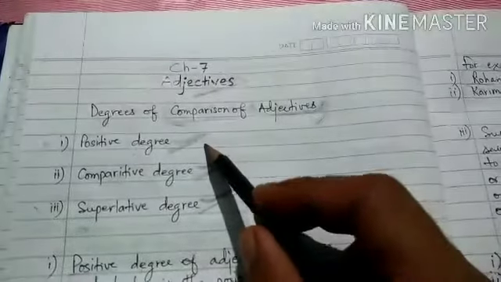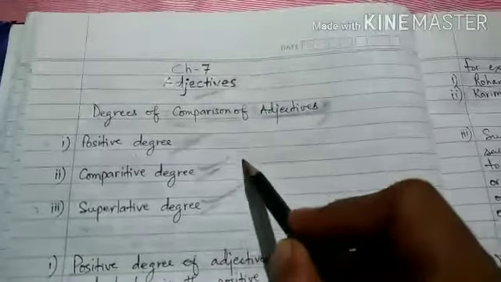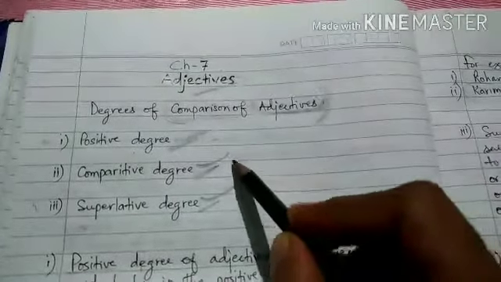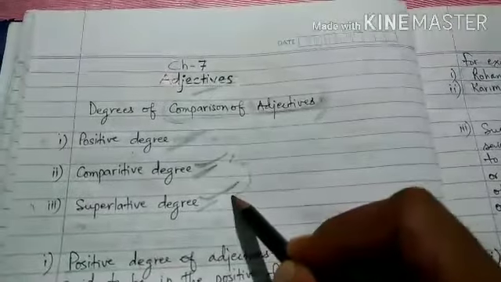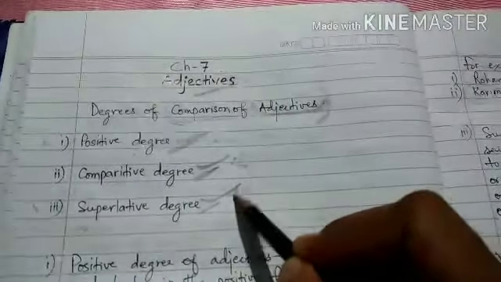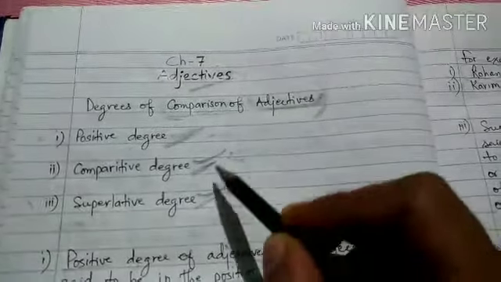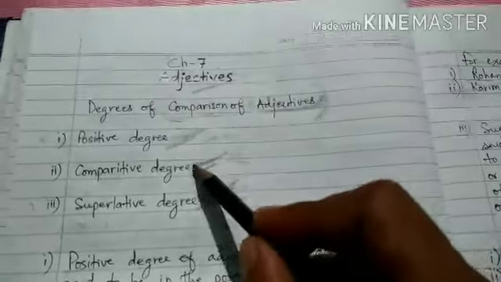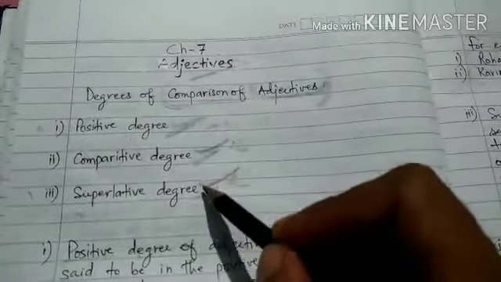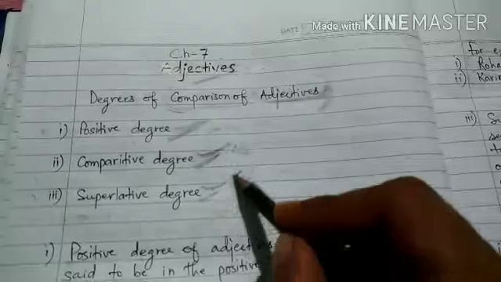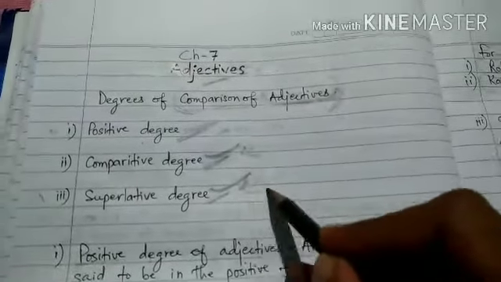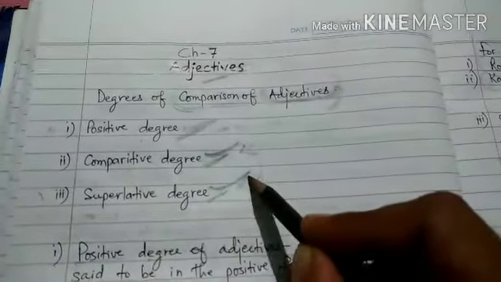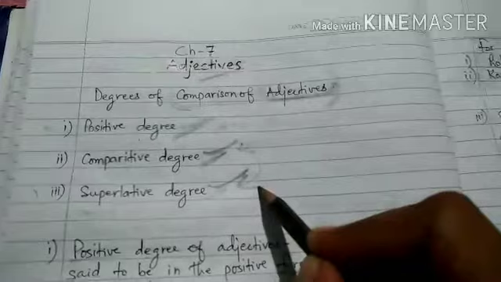How this positive degree is changed and formed into comparative degree, and how this comparative degree is changed into superlative degree. What kind of comparison should be done in positive degree, what kind of comparison should be brought up in comparative degree, and what kind in superlative degree, and how these degrees are formed with their word structures, we are going to understand in this video.